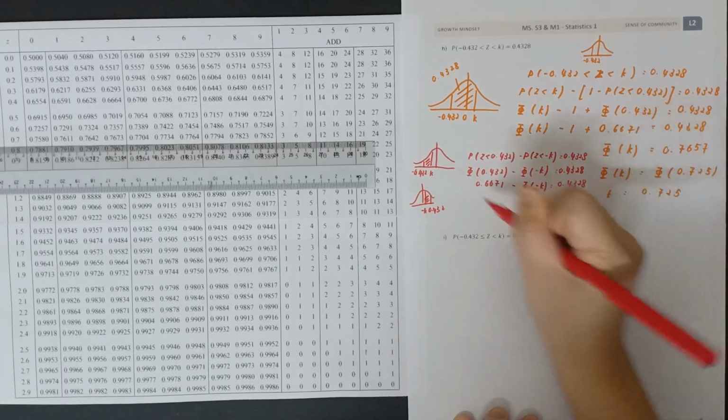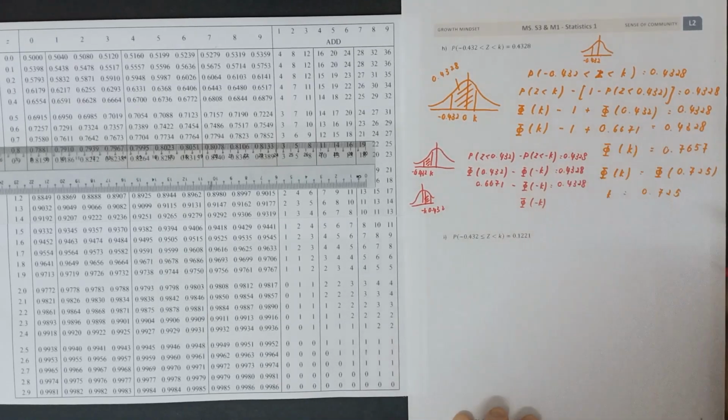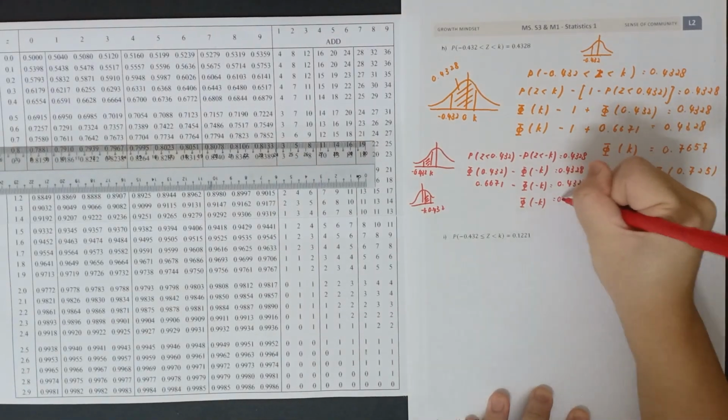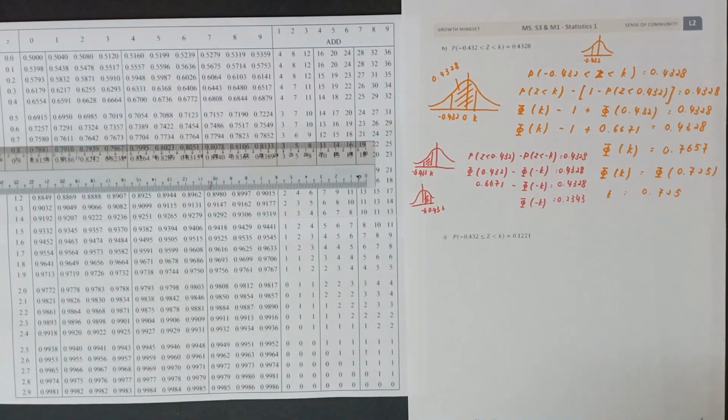Okay, then I'm going to change the place. So 0.6671 minus 0.4328. So you get 0.2343.